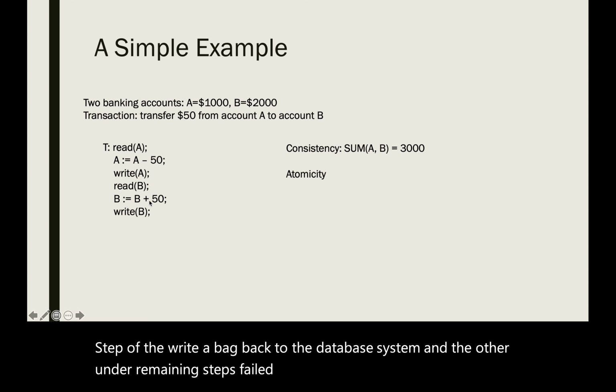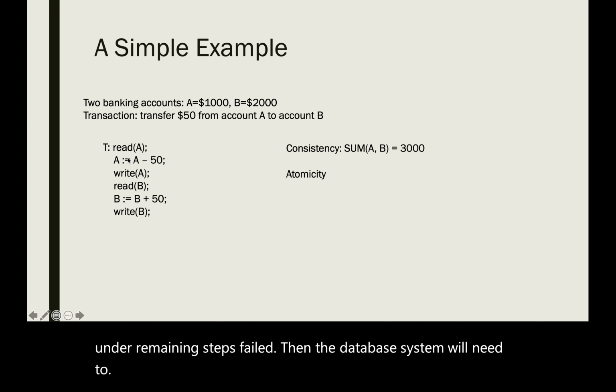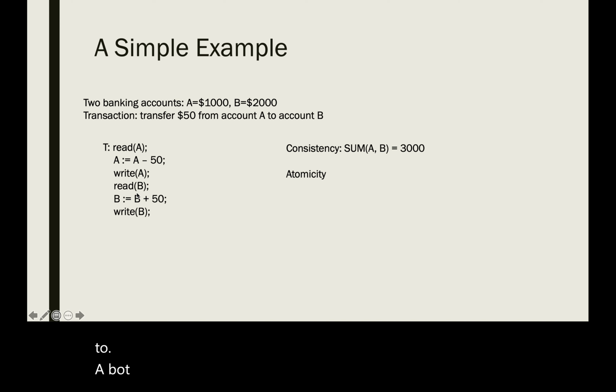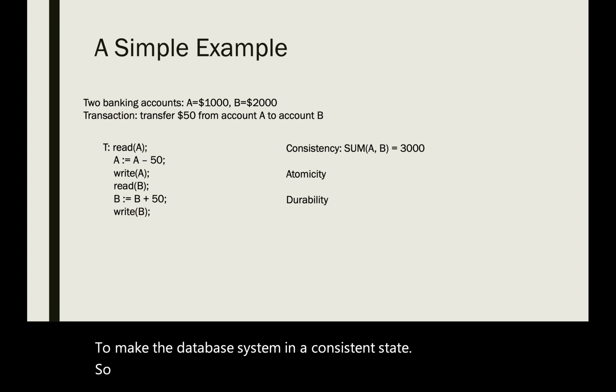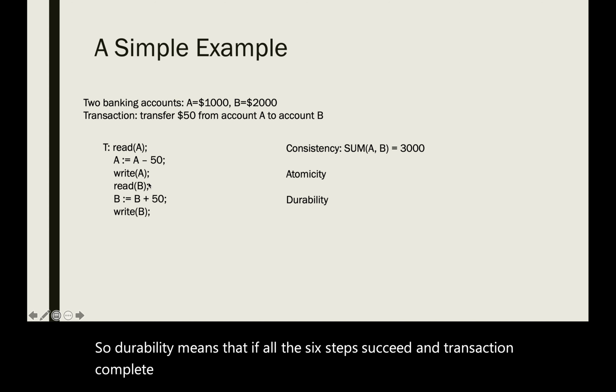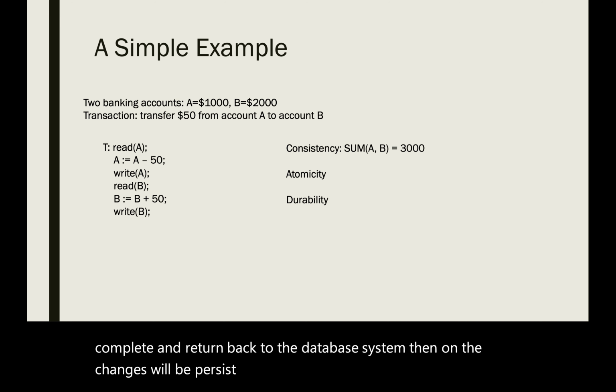Then the database system will need to abort all the changes by this transaction to keep the database system in a consistent state. Durability means that if all the 6 steps succeed and the transaction completes and returns back to the database system, then the changes will be persisted in the system, even if there is a crash in the system.